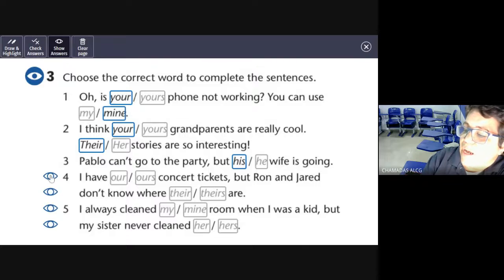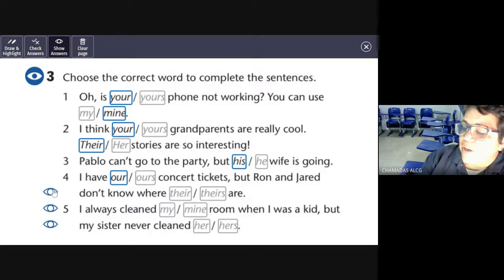I have concert tickets, but Ron and Jared don't know where are. So number 4, I have your or our? Our. I have our concert tickets, but Ron and Jared don't know where. Their or theirs?